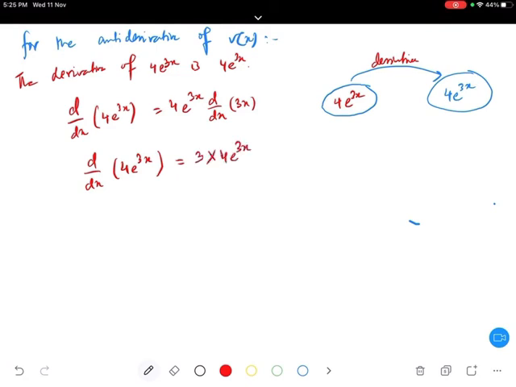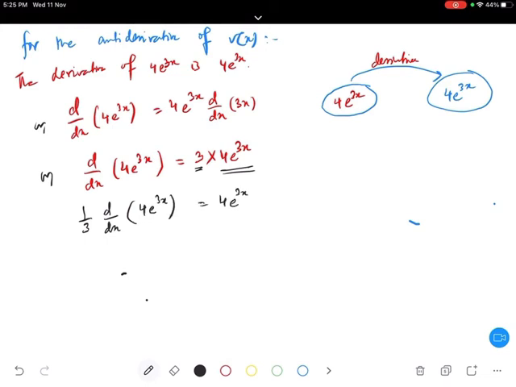Now what is extra in here? 3 is extra. So let us take this 3 to the other side. If I take this 3 to the other side, what do we have? 1 by 3 d dx of 4 e to the power 3x is equal to 4 e to the power 3x.